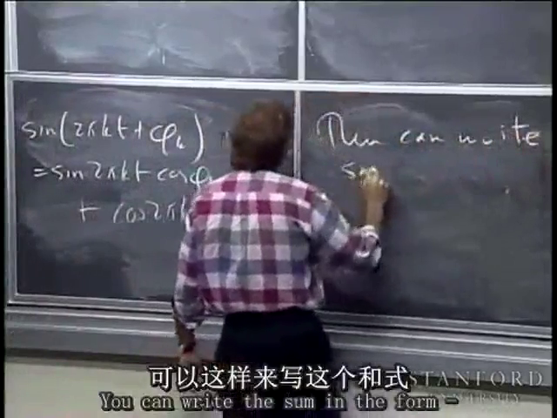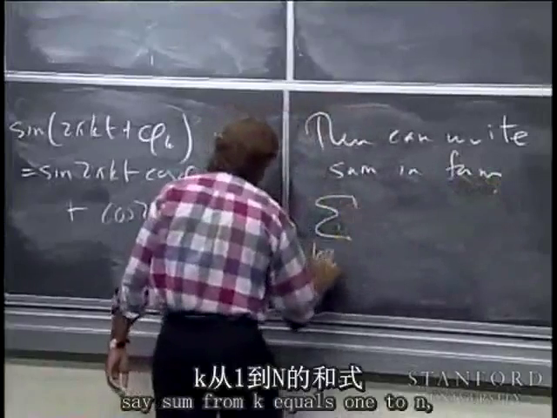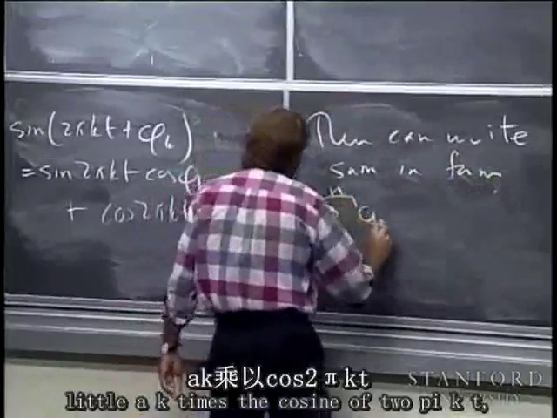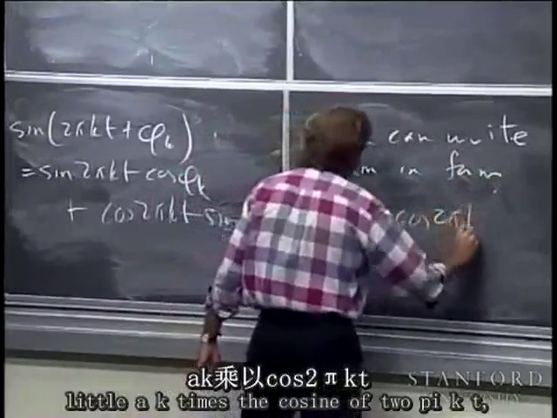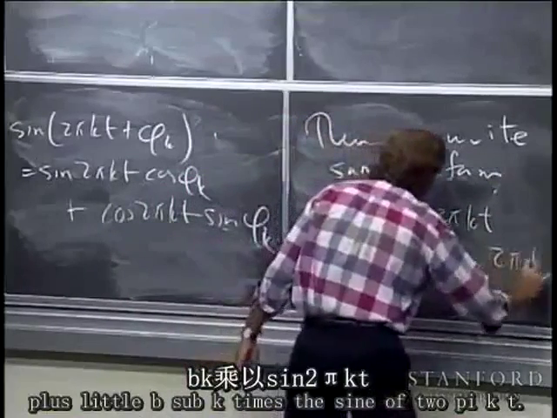You can write the sum in the form, using different coefficients, the sum from k equals 1 to n of little a k times the cosine of 2 pi kt plus little b sub k times the sine of 2 pi kt.